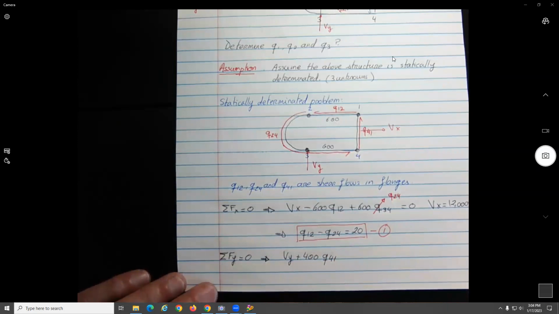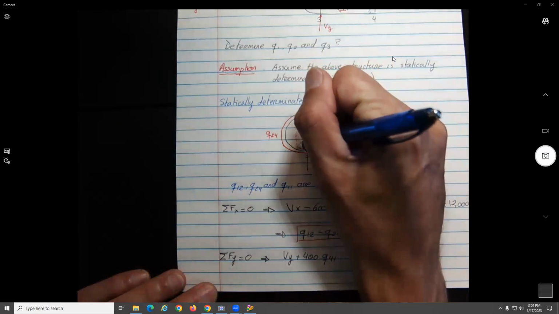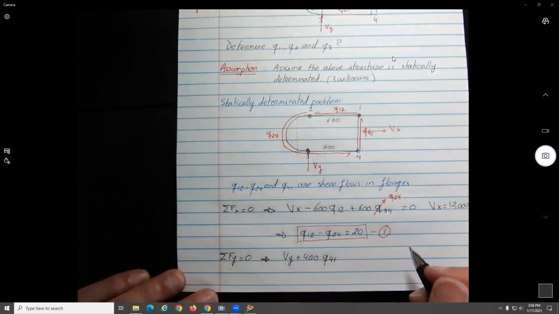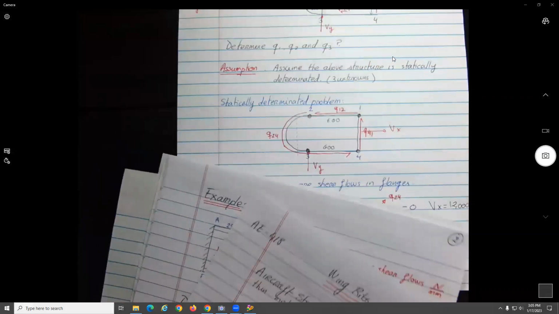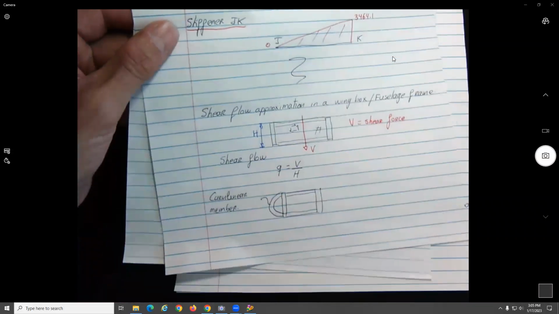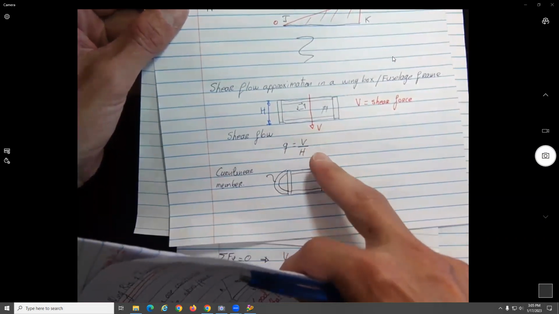And now, let's do an approximation for this one here, for the Q24. What could be an approximation for that one, based on what we said before? What do we say could be an approximation for the shear flow? The shear force divided by the height, no? Okay, so we could do an approximation.